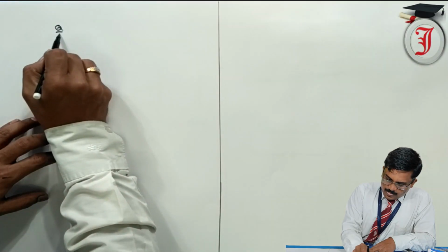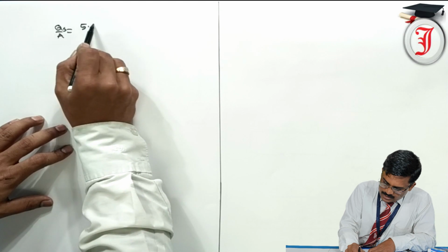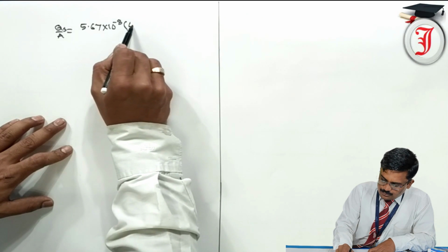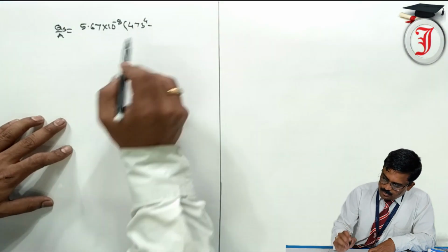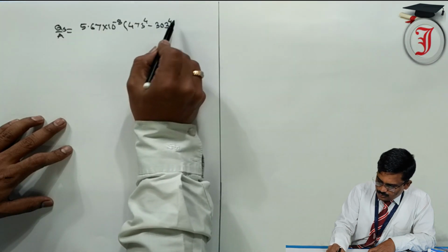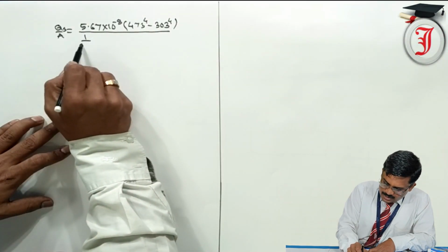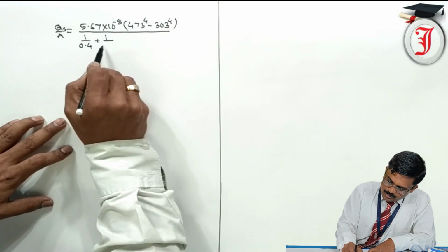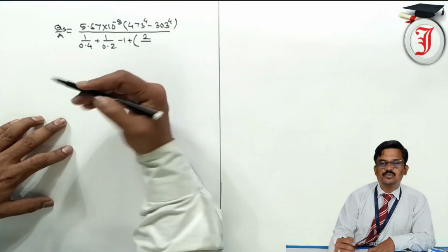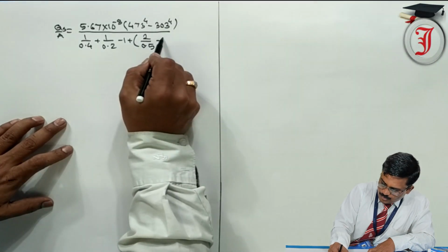So Q by A is equal to Qs, for the radiation shield. Sigma is 5.67 into 10 raised to minus 8, into (T1 is 473 raised to 4 minus T2 is 303 raised to 4) upon 1 upon epsilon 1, which is 0.4, plus 1 upon epsilon 2, which is 0.2, minus 1, plus, in brackets, 2 divided by epsilon 3, the emissivity of the radiation shield, which is 0.5, minus 1.